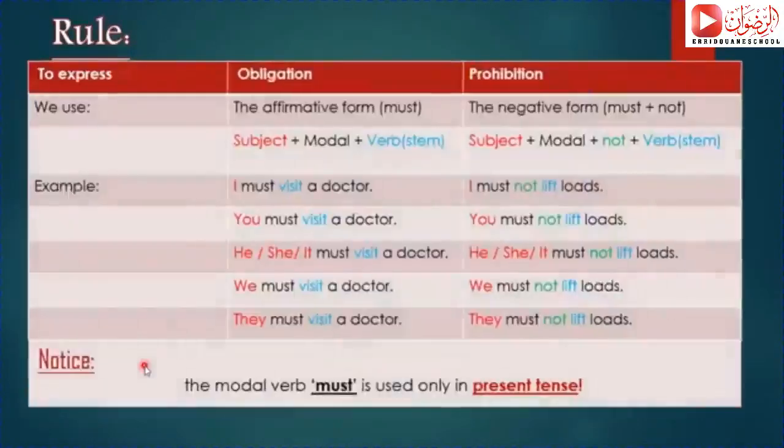Now we move to the general rule. Here we have this chart which makes things clearer for us. To express obligation or prohibition, we use the affirmative form, which is must, for obligation.